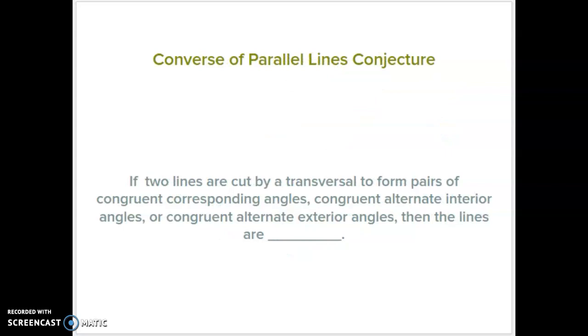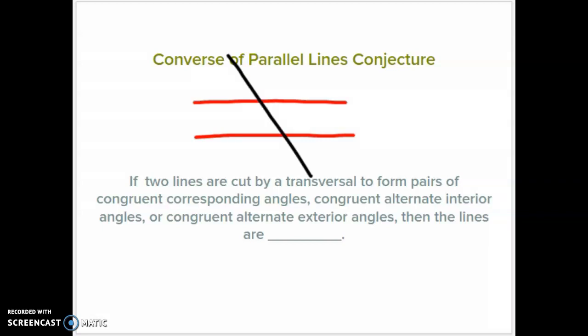Now the converse, or the opposite of the parallel lines conjecture, so kind of like the opposite of what we just talked about. Let's say we have 2 lines. I don't know if these lines are parallel, but they do have a transversal that's going through them.